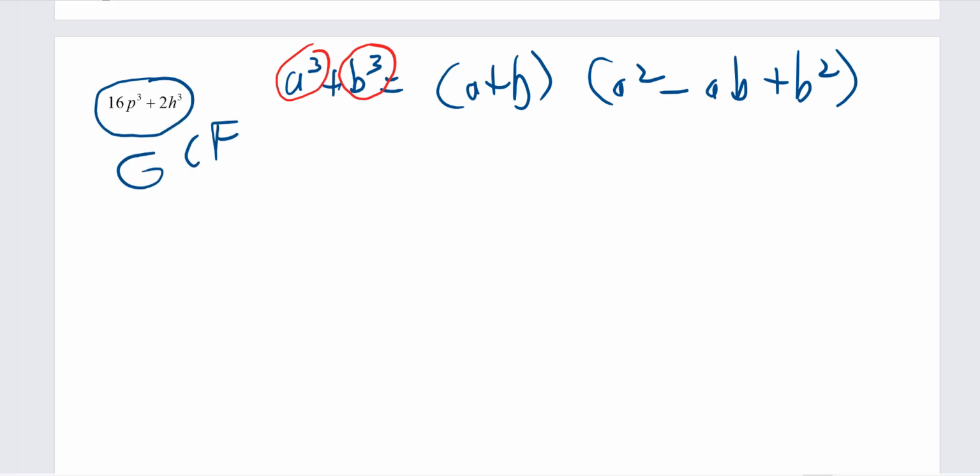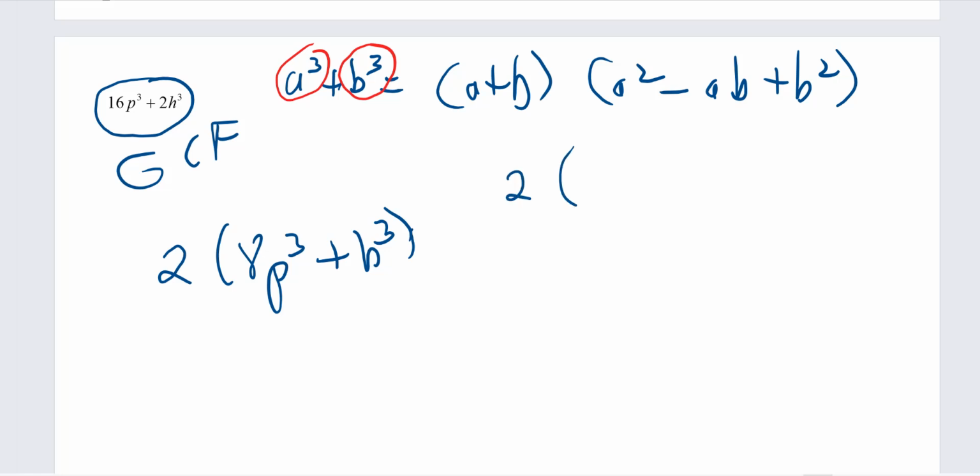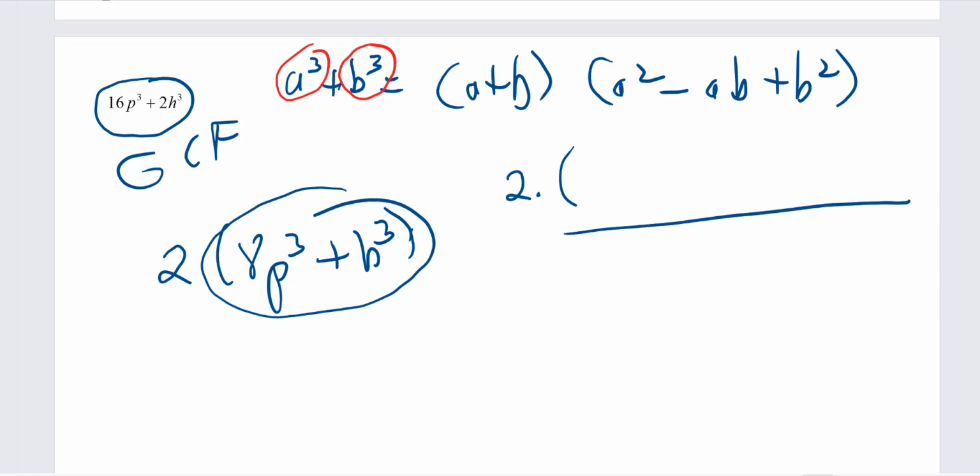And if there is, do that first. Well, we can take a 2 out of that, giving us 8p to the third plus h cubed. So our final answer to this problem is going to be 2 times whatever this factors as. So now we're going to factor that.